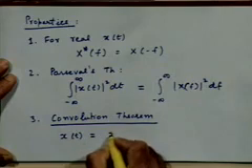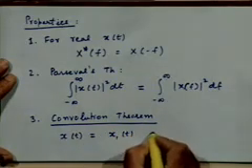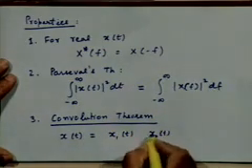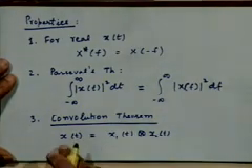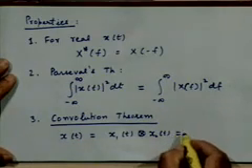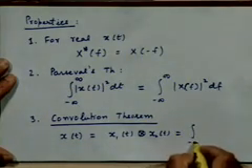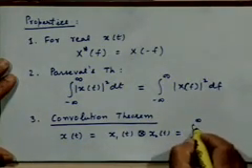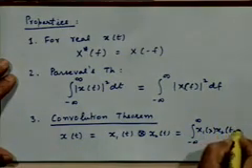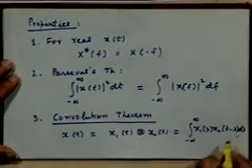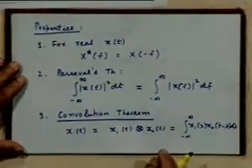If you have two signals x1(t) and x2(t), then x1(t) star x2(t) is the convolution of x1(t) and x2(t), where this operation is defined in terms of this integral. This integral represents the convolution operation.